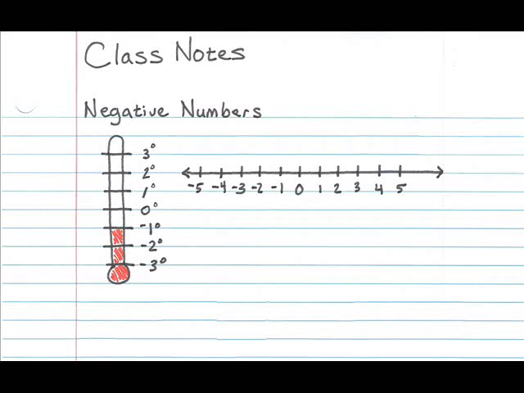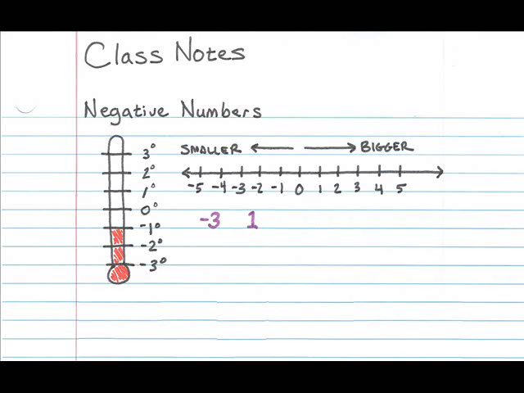So, just as with regular positive numbers, numbers that go to the right are bigger, and numbers that go to the left are smaller. That's the same with negative numbers. And we're going to see that right here. For example, let's say we have the numbers negative 3 and 1.